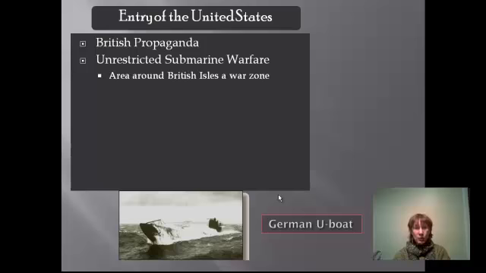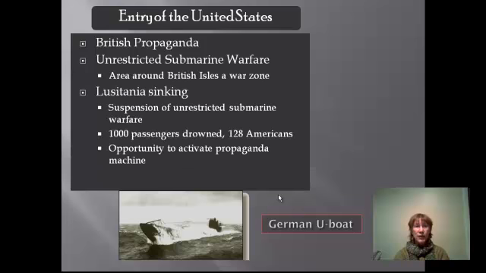Now, people knew, for instance, that the Germans had started submarine warfare again, and that was considered a no-no at the time. And they had stopped for a while, and then they had restarted the submarine warfare. But then something very good happened, good for the war cause, and that was the sinking of the Lusitania.